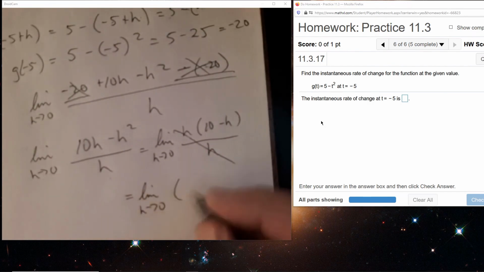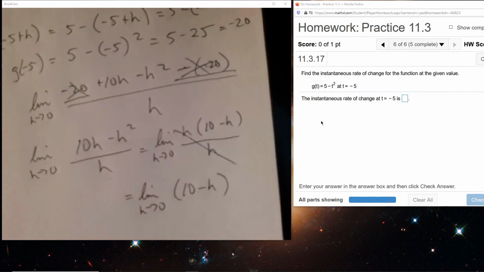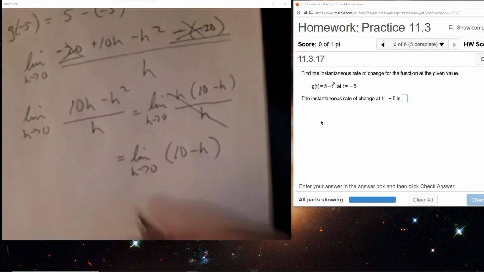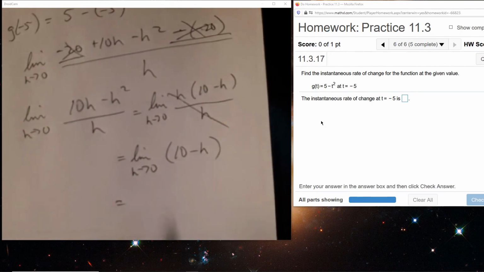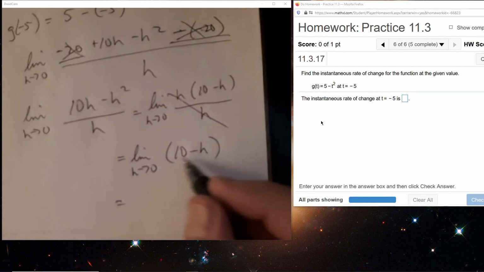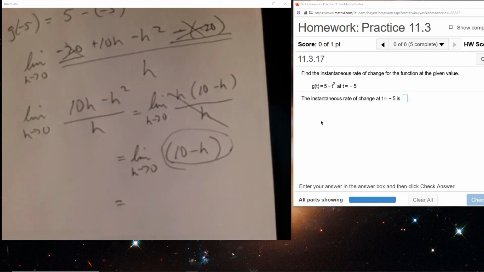So our final limit is 10 minus h. So as h gets forever closer to 0, this is getting forever closer to 10. And that's our answer.